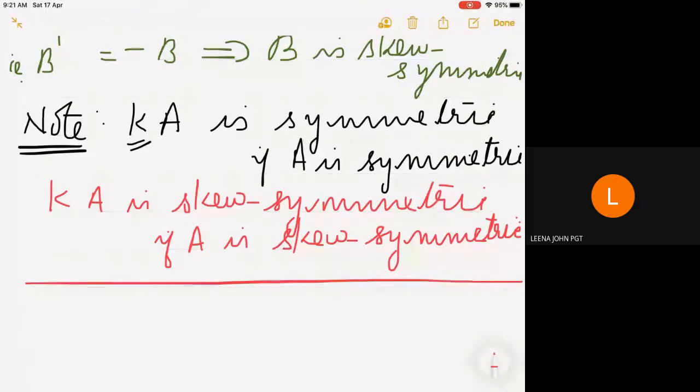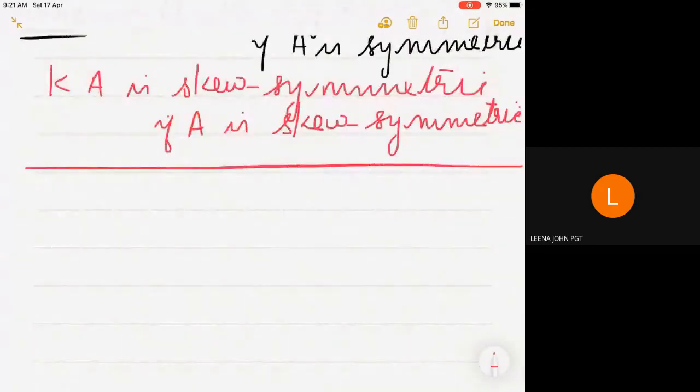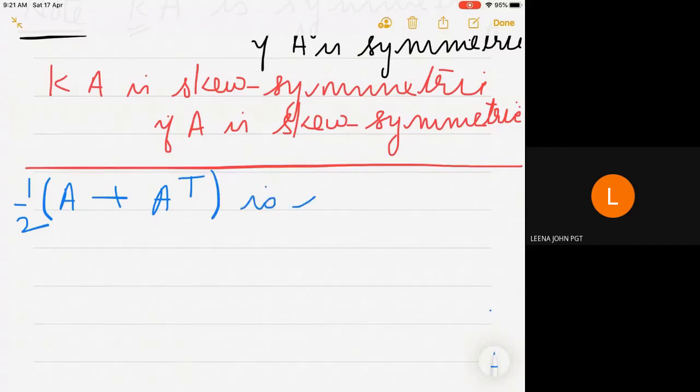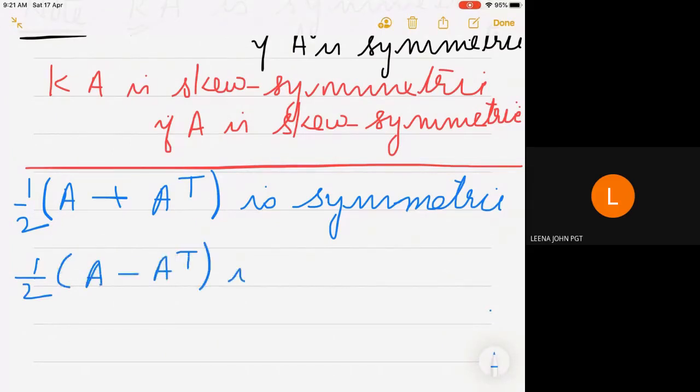So keeping this in mind, you can see that if A plus A transpose is symmetric, then half of A plus A transpose is also symmetric. Similarly, half of A minus A transpose is skew symmetric, because here we are applying scalar multiplication.